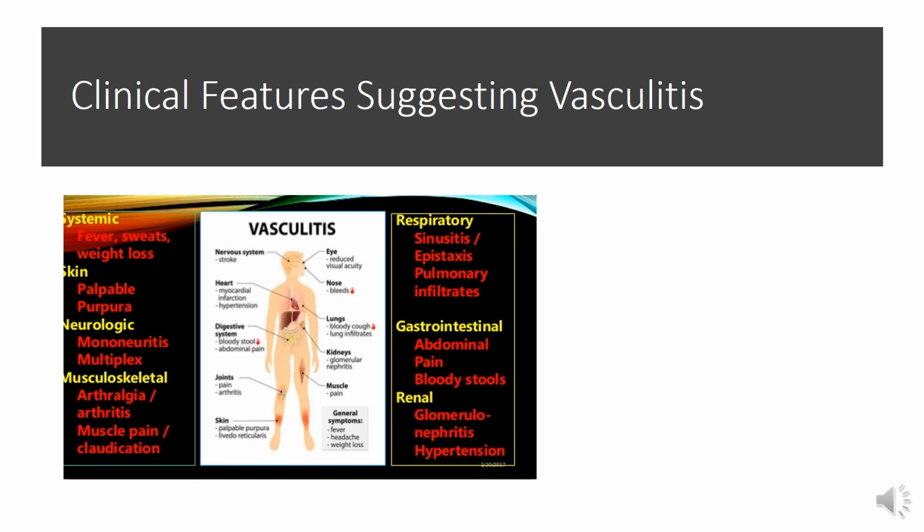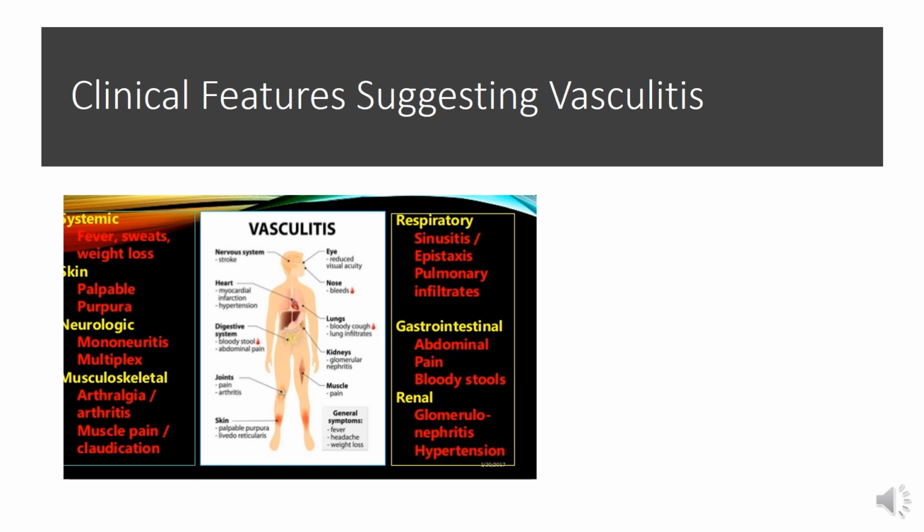The clinical features of systemic vasculitis include systemic inflammatory or constitutional symptoms like fever, sweating, loss of appetite, weight loss. Classic dermatologic presentation is palpable purpura. Skin lesions may also include urticaria, livedo reticularis, nodules, ulcers, and vesicles.